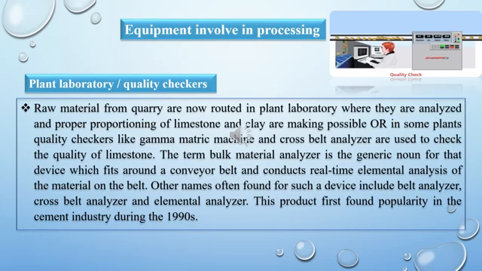And this device gained popularity in the 1990s. So students, the basic purpose of quality checkers is to check the quality of limestone and clay by using different devices like belt analyzer or cross belt analyzer.